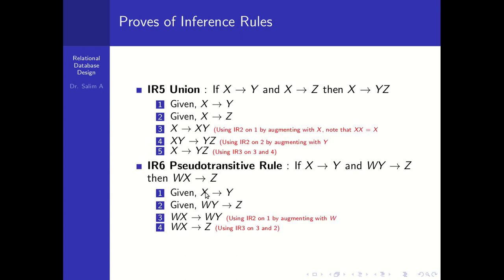From these two, you can say WX determines WY, and WY determines Z. Therefore, WX determines Z. Applying IR3 on 3 and 2, where 3 is this one and 2 is this one, therefore from this we get WX determines Z. This is what the rule says.